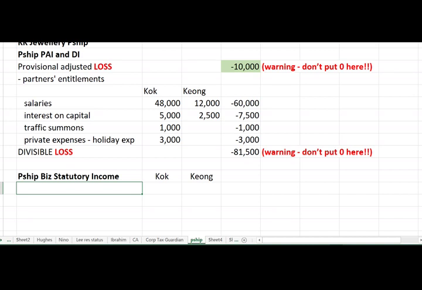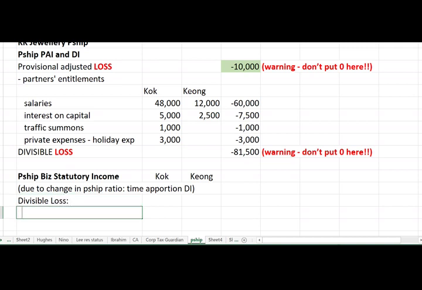Due to the change in the partnership ratio, you have to time apportion the DI. Now I'm writing it for you, I'm not writing it as an answer. So you will have to get your divisible loss. Now of course this is not income, this is a loss. But it will be 6 months, 6 months.